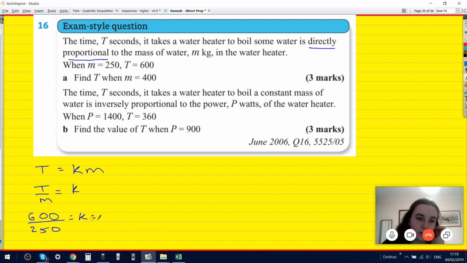Any idea what that is? 24. Okay, it's 24. Then t equals 24 times 400.